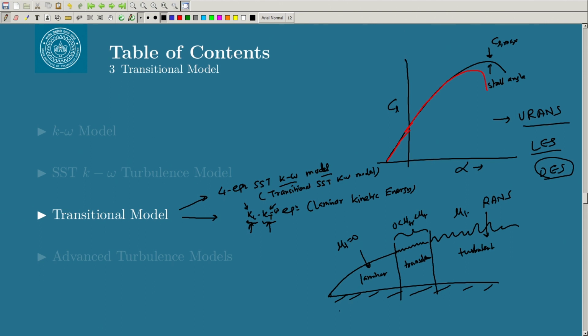So, can we have a model which predicts all the regions? One approach is to look at a term called intermittency. What is intermittency? It defines how much the flow is intermittent. If you look at laminar flow, it is a very nice smooth flow, and particles are not jumping here and there.